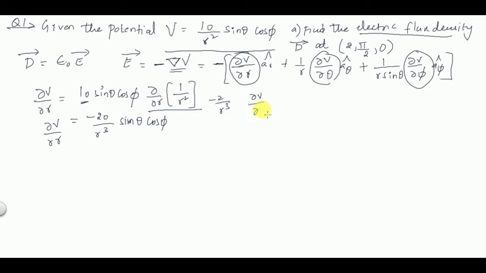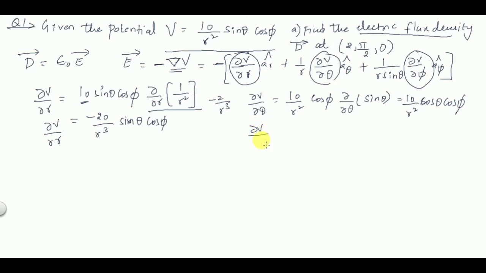Next is dou V by dou theta. When you differentiate with respect to theta, all the remaining things are constant: 10 by R square and cos phi. Dou by dou theta of sin theta is cos theta, so it will be 10 by R square cos theta cos phi.